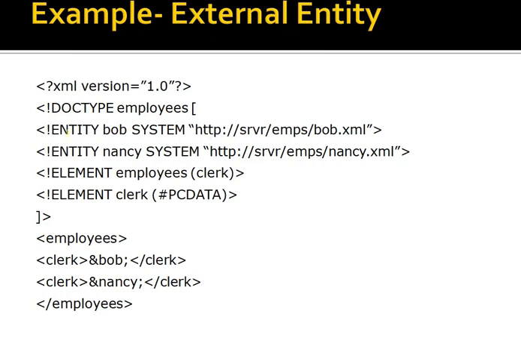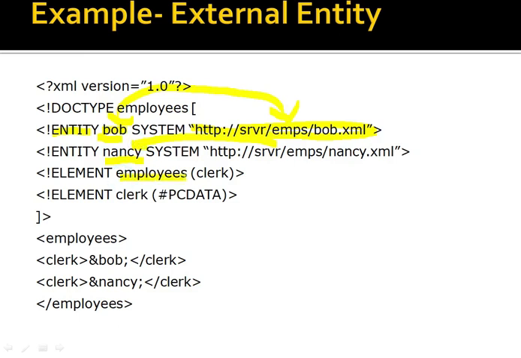Here is the entity, and this is the name of the entity. The content is fetched from this URL. Bob is the entity name, and the content is fetched from this source. And maybe information about Nancy is fetched from this source.